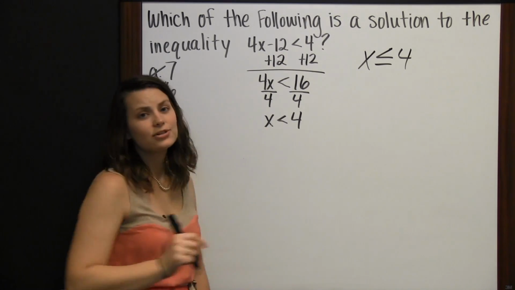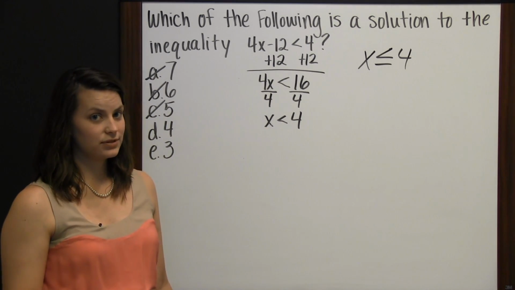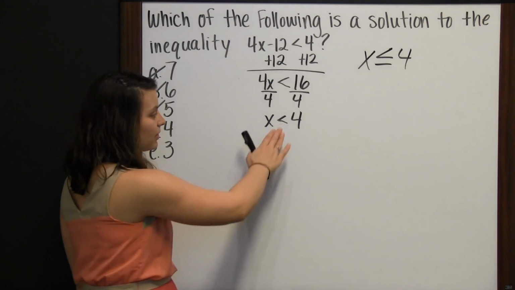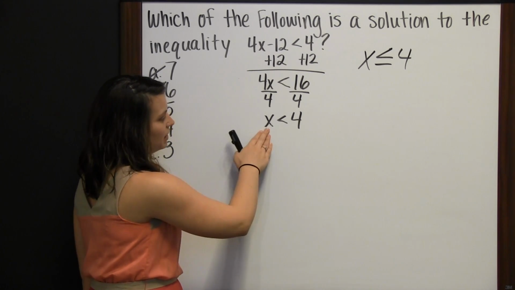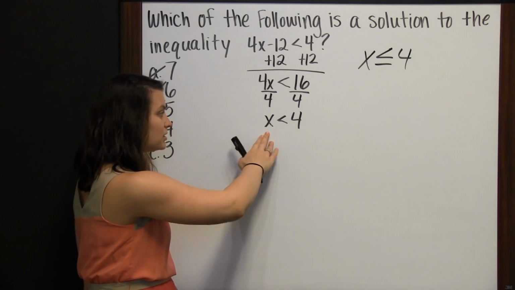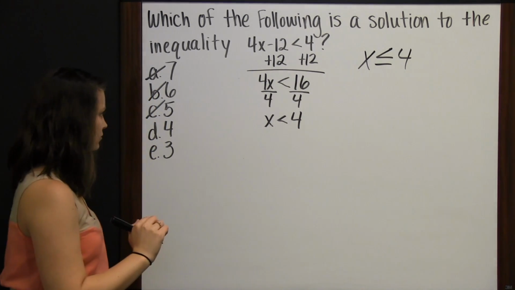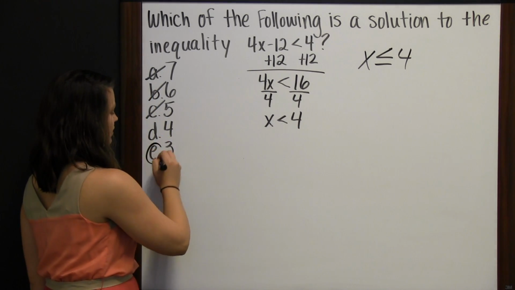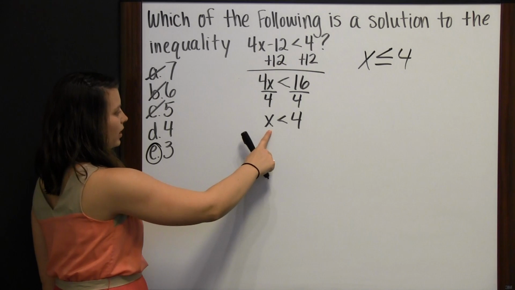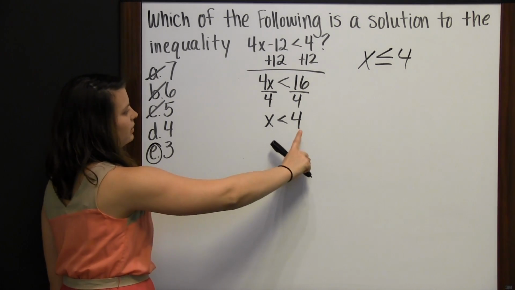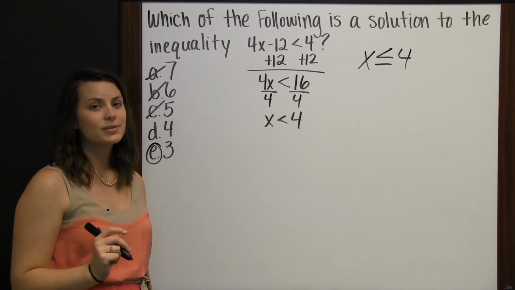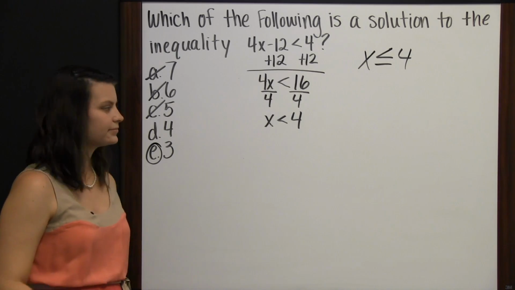But in this case, it's not a less than or equal to sign. It's simply a less than sign, meaning that this number must be smaller than 4. So our answer is E. 3 is less than 4, where 3 is a smaller number than 4.